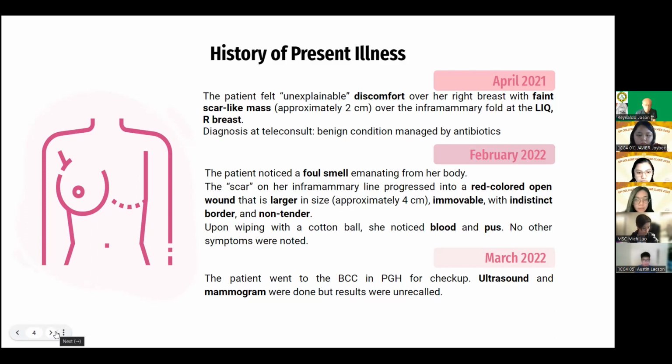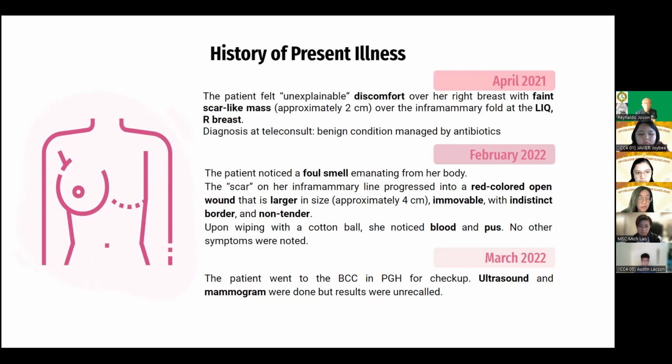The scar-like mass on her inframammary line progressed into a red-colored open wound, now approximately 4 centimeters, immovable, with indistinct borders and non-tender. Upon wiping with a cotton ball, she noticed blood and pus, but no other symptoms were noted.